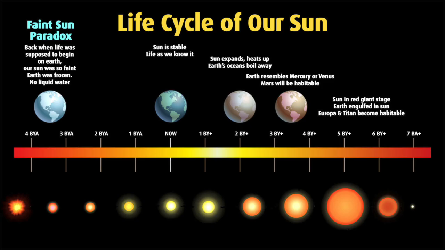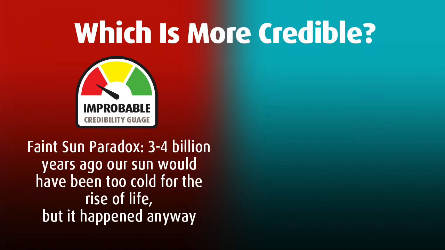They've come up with a few weak ideas on how this might be different, but none of them really hold up to serious examination. But this is not an issue if the Earth is only a few thousand years old, because the sun would basically be the same. Which is more credible? The faint sun paradox: 3 to 4 billion years ago, our sun would have been too cold for the rise of life, but it happened anyway?